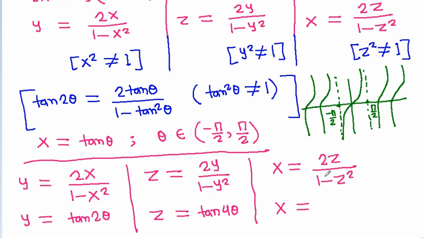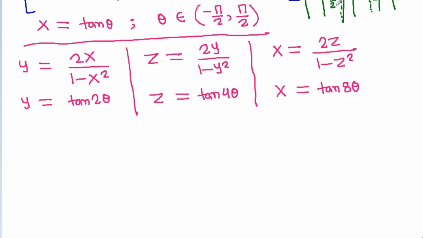So x will be 2 tan 4 theta by 1 minus tan square 4 theta, that will be tan 8 theta. So x is equal to tan 8 theta, that is equal to tan theta.